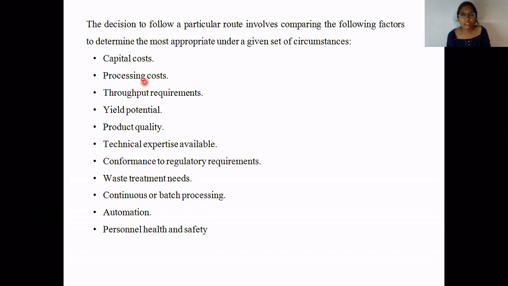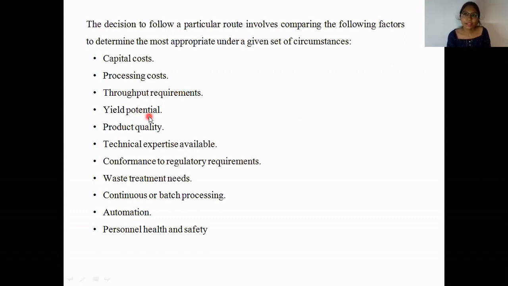Another is the throughput requirements. During the entire process, whatever requirements you are going to use will also have some price that you have to pay first. So you also have to keep that in mind.